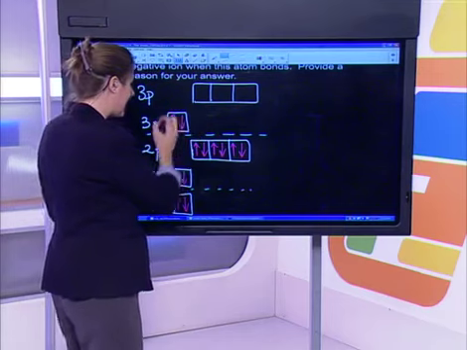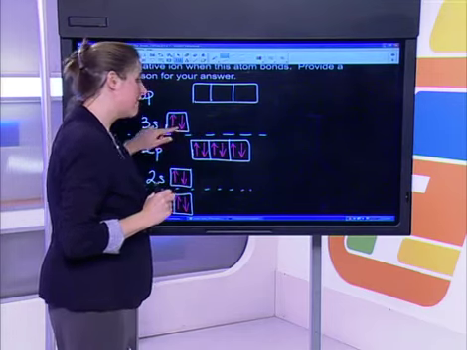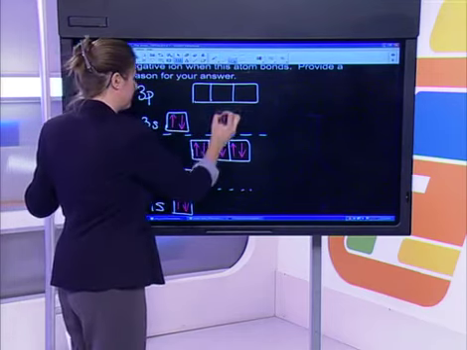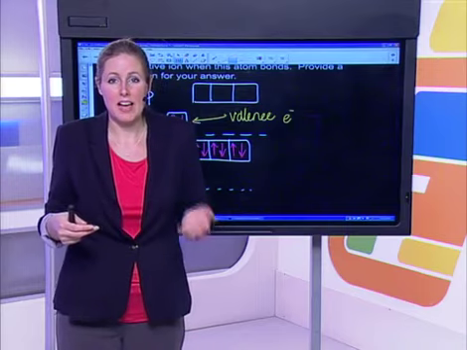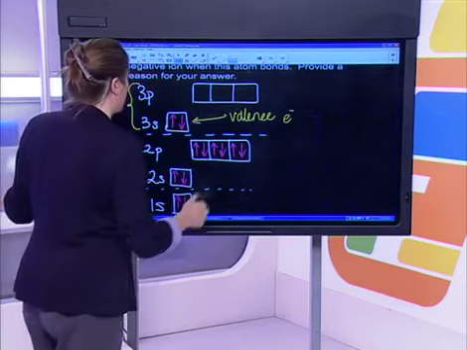Instead, these ones here are the valence electrons because they are in the outer energy level. There are only 2, so it could lose 2 electrons and form a positive ion. And that's what it would do when it bonds.